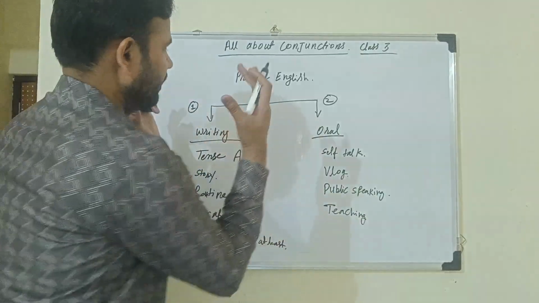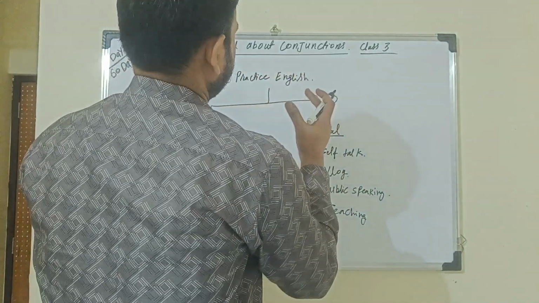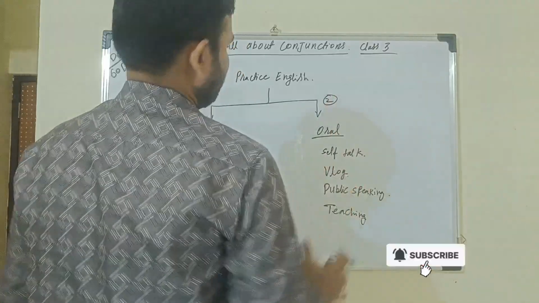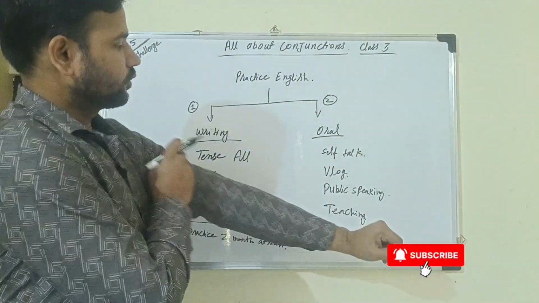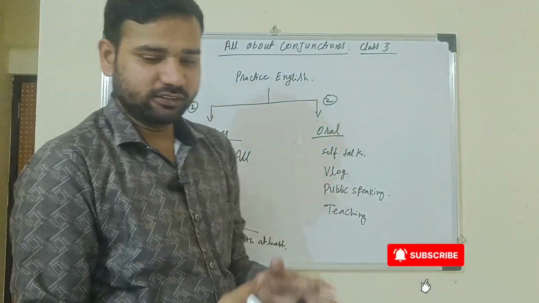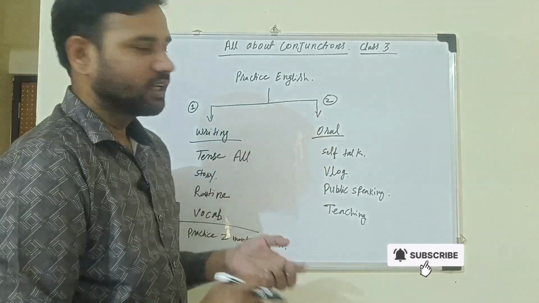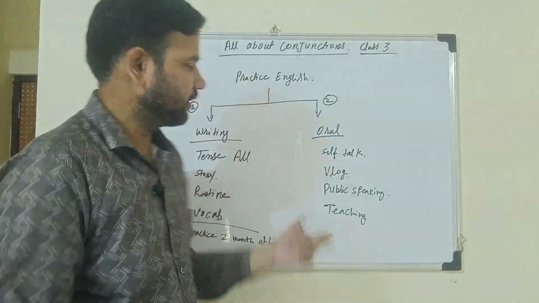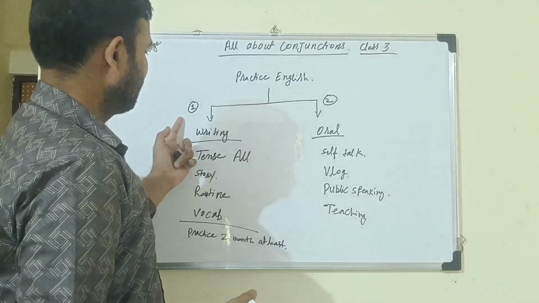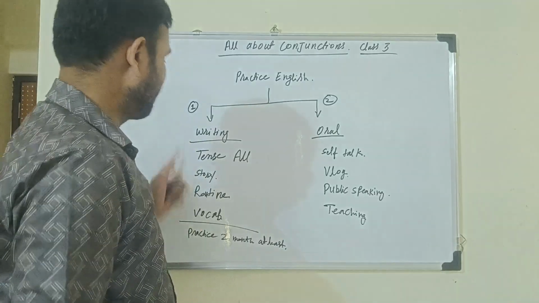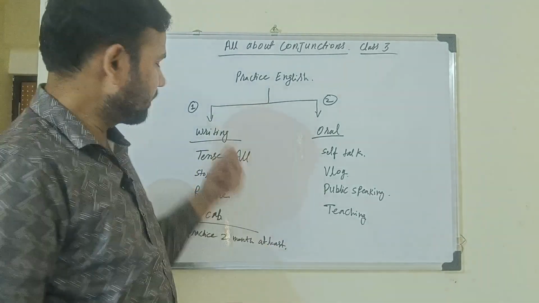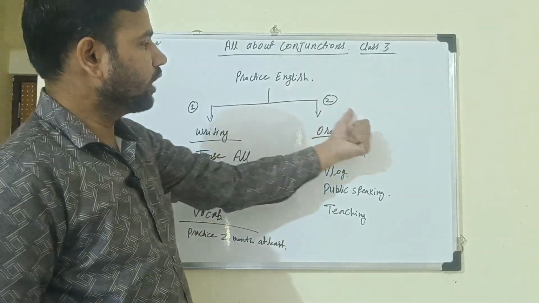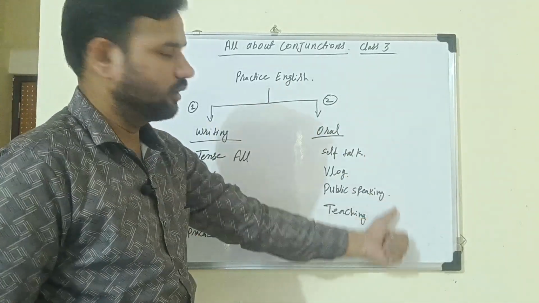Okay, so today we talked about practicing English speaking. Okay, so yes, I hope you understand all these things. And like practice speaking, how are we going to practice speaking? First, you have to focus on writing, on written practice. Okay, if you are going to complete the written practice, then you have to move on to oral practice.